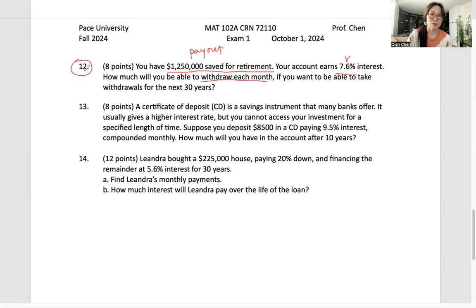So 9, 10, 12, three of them use the same formula. Let's write here: P naught again equals D, but this D now represents withdrawal, times 1 minus 1 plus R divided by K, raised to negative NK, over R divided by K. Let's identify the values. P naught is given: 1,250,000.